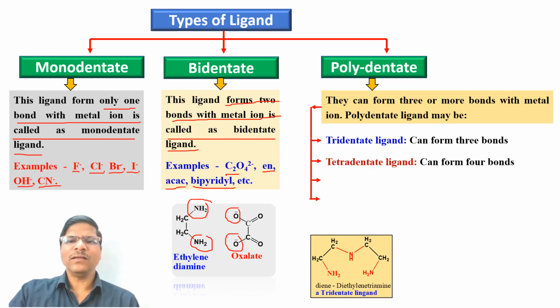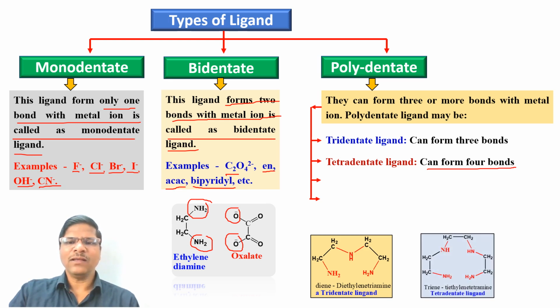How many bonds can it form? It can form 4 bonds, hence tetra. Tetra means 4. So an example is triethylene tetramine. Triethylene tetramine is an example of the tetradentate ligand.